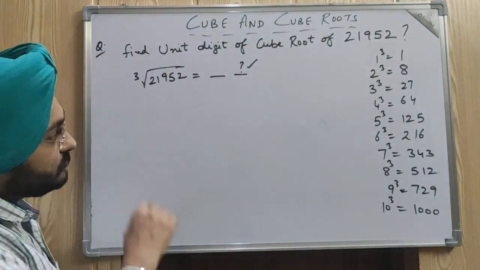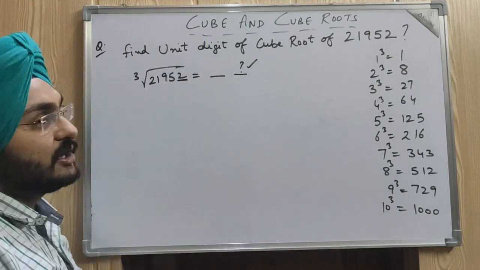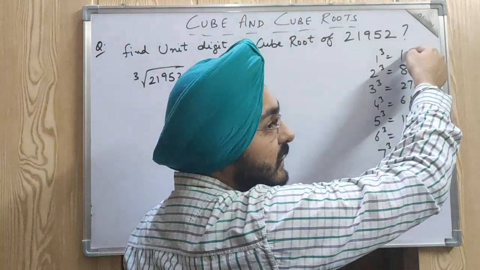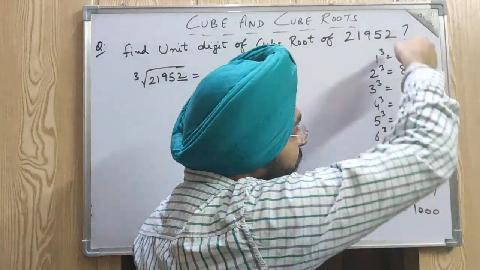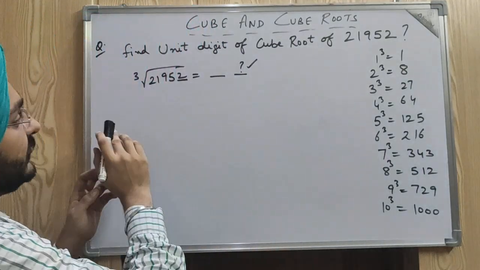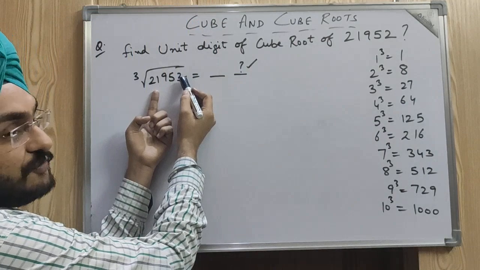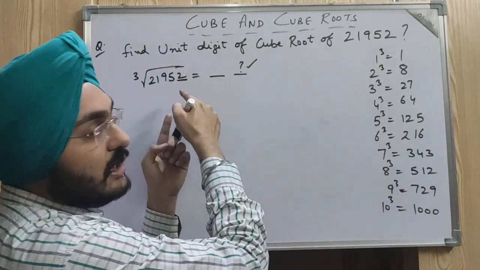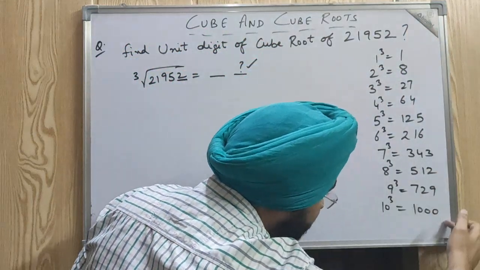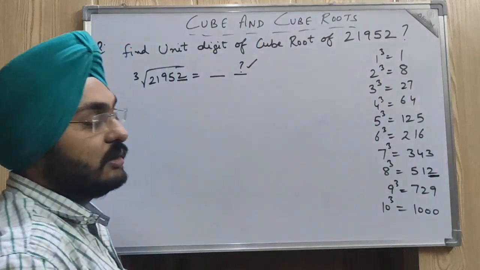Now just see the unit place of this number. That number is 2. Start finding this 2 in the unit place of the cubes of these numbers. That is here: 512.